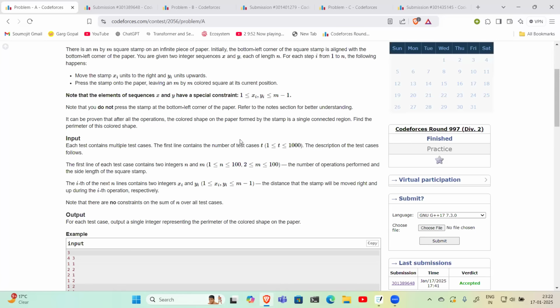Okay, so let me explain what the problem says. The problem gives us as input n pairs of values, say x1, y1, x2, y2, and this goes till xn and yn.